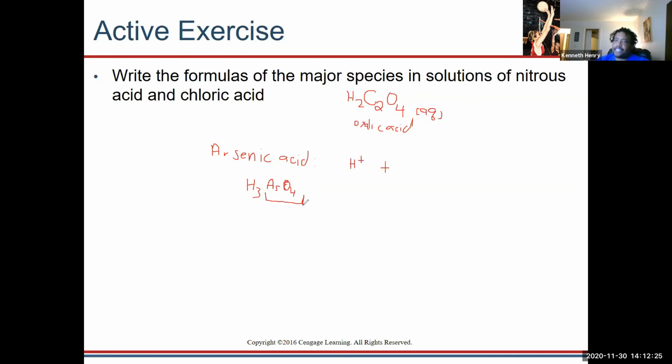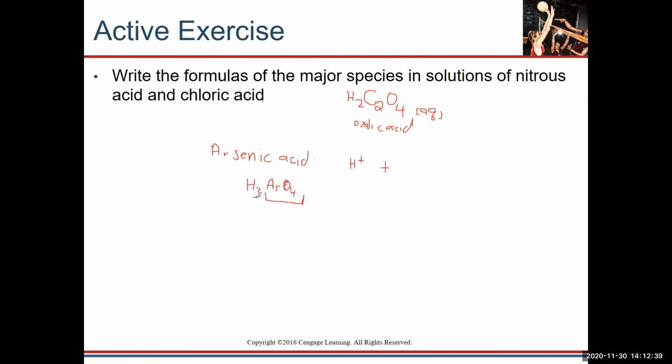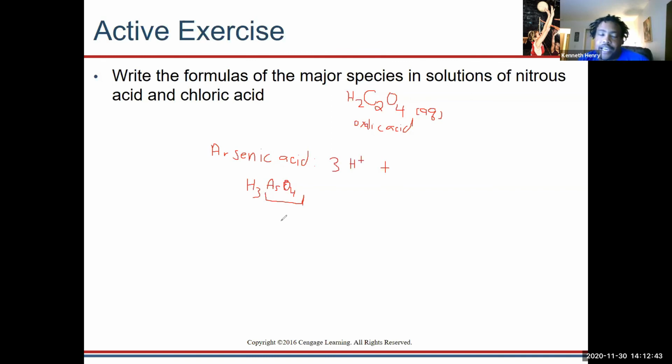Because remember, an acid is just an H plus. It's a proton donor. So it's always going to be that H plus. How many H pluses do we have since they put the H in front? Three. There are going to be 3 of them, right? And then what is going to be the other guy?